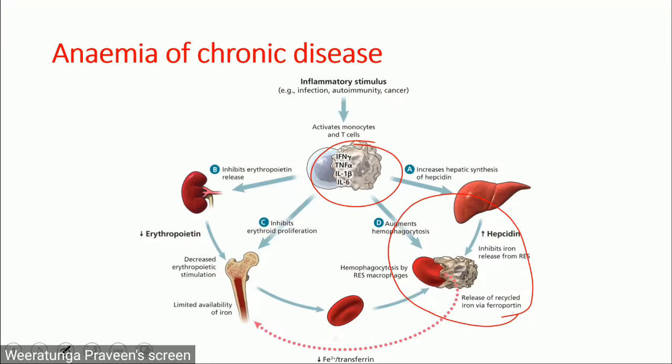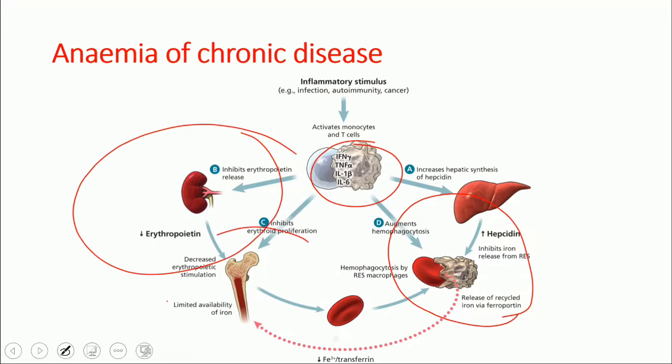But the inflammation is, remember, suppressing the release of iron for hemoglobin formation. On the other hand, in anemia of chronic disease, the inflammation causes inhibition of erythropoietin release and also inhibition of erythropoiesis per se.